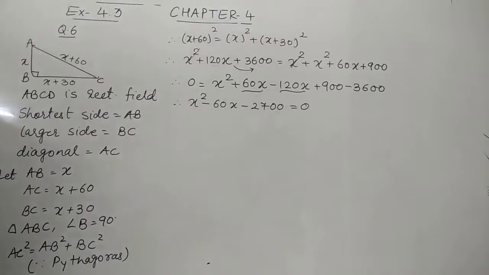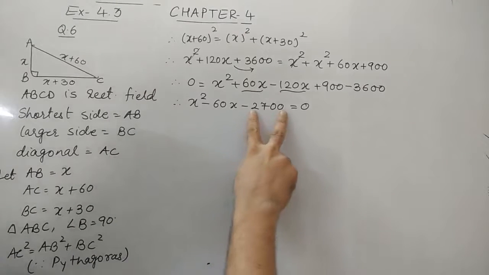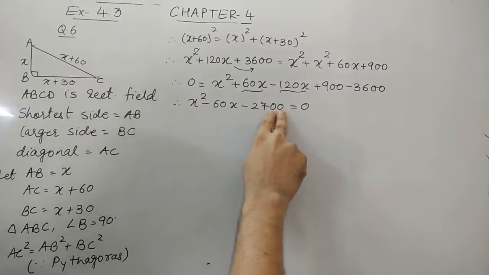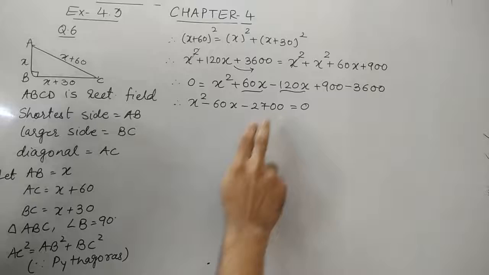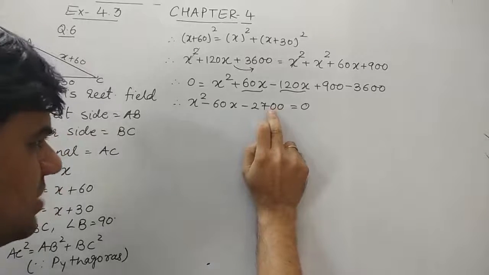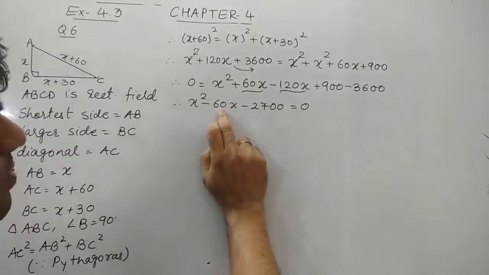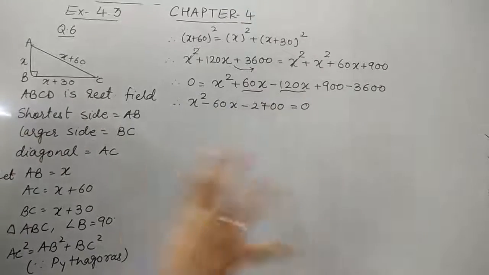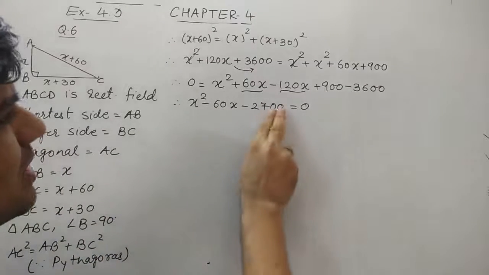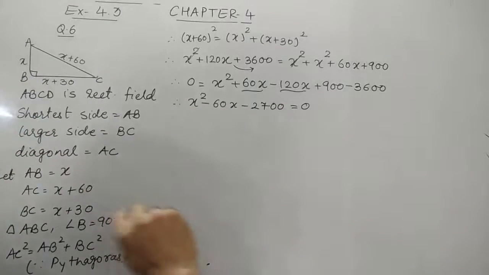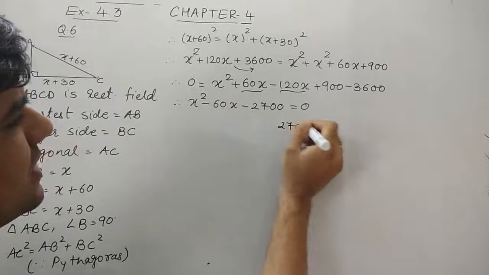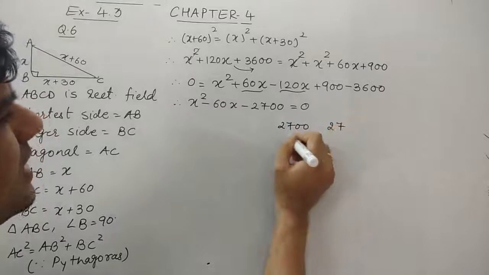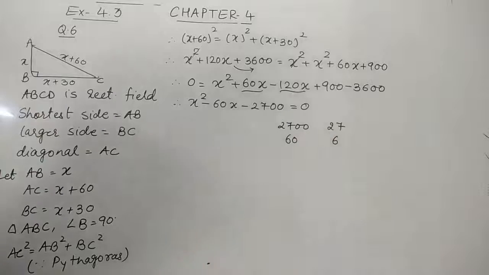So let's learn a method here. Let's understand one logic. Whenever you have to find the factors of a number which has a unit and tens digit 0, and the number which we have to obtain has a unit digit 0, then we can use this logic. Meaning here we need 2 zeros, and here at least 1 zero. So what we do is consider this 2700 as 27 and 60 as 6.